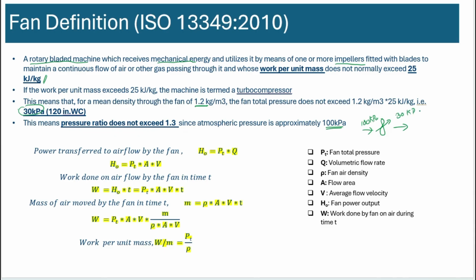So you cannot go to a ratio of 1.3. Typically in atmospheric conditions, you cannot raise it to 130 kilopascal.